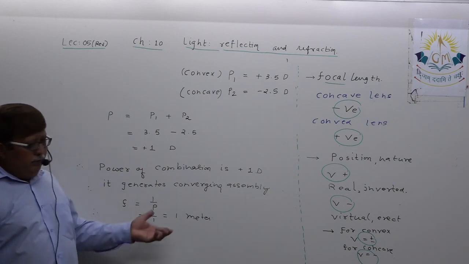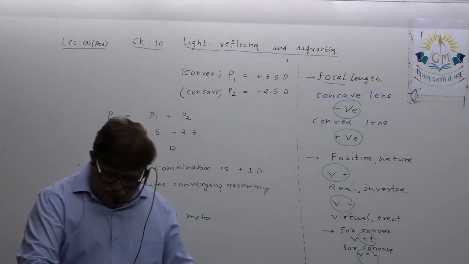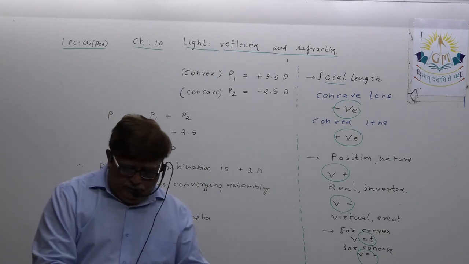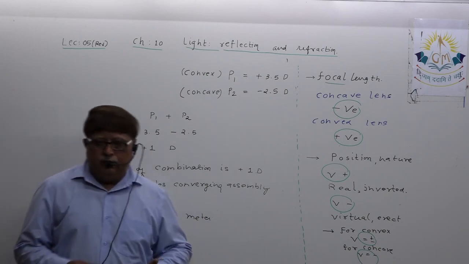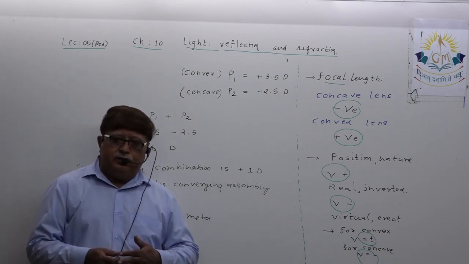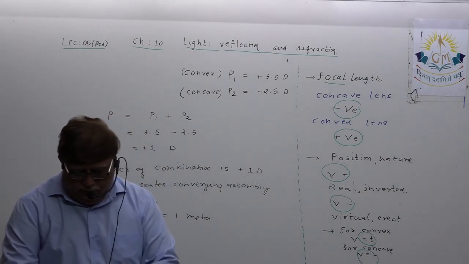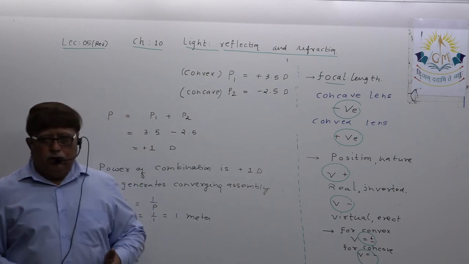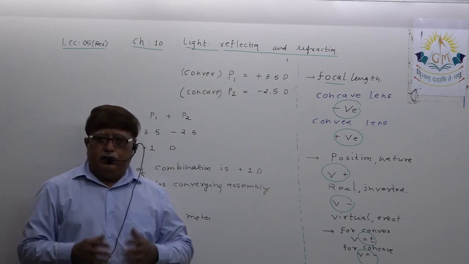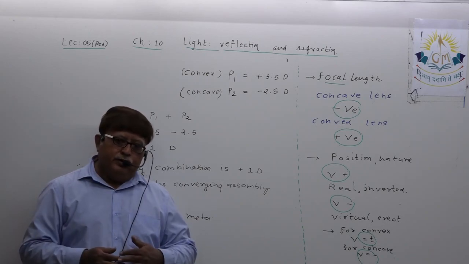So dear student, this is lecture number 5, again for revising. We started it in lecture 4, but lectures 4 and 5 are both simply for the revision of all examples regarding lenses, which you need to practice more and more.